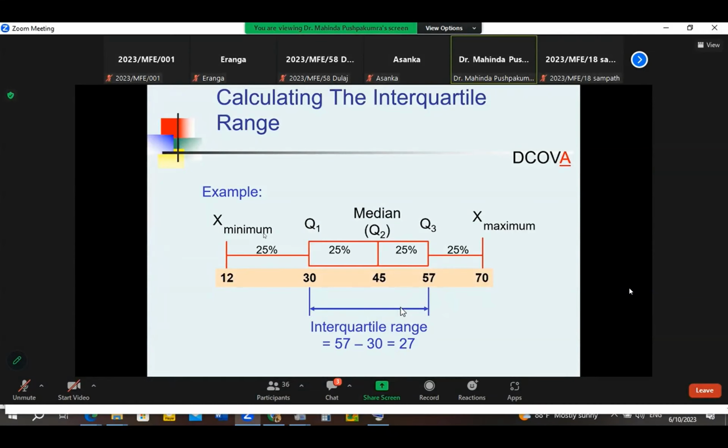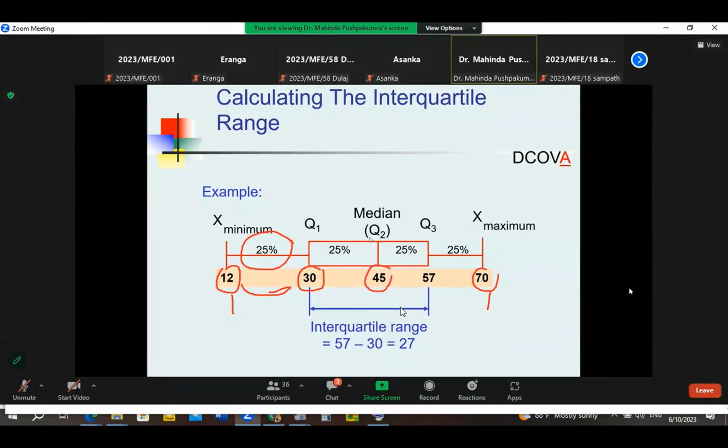Then this chart has summarized the 5 measures we learned. Minimum, maximum. In a data set, the minimum value is 12, maximum value is 7. Then the first quartile is 30, which indicates that there are 25% of observations between minimum and first quartile.